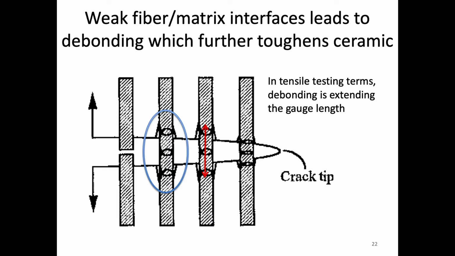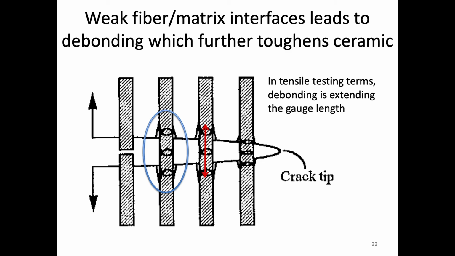All right. So let's say that we have this weak interface between the fiber and the matrix. So what that would do is it would lead to some partial debonding. So you can kind of see that illustrated here where this is pulling apart, right? And the reason this doesn't seem obvious, it seems like that would be a bad idea to have the fibers not completely intact.